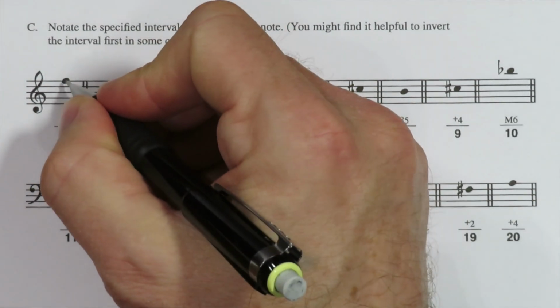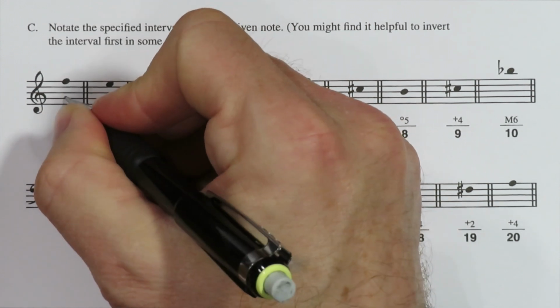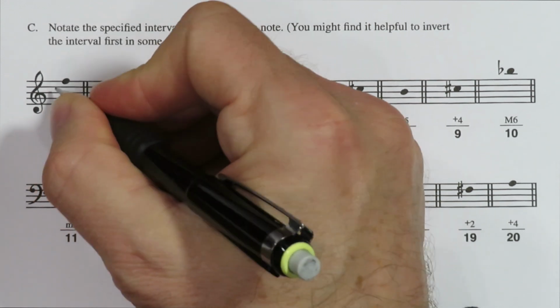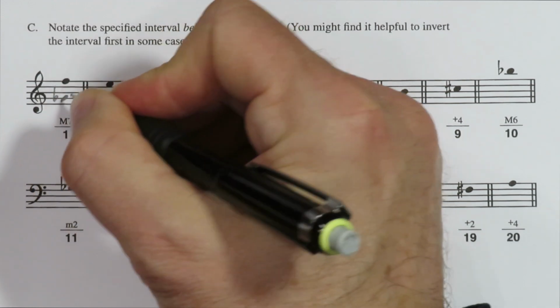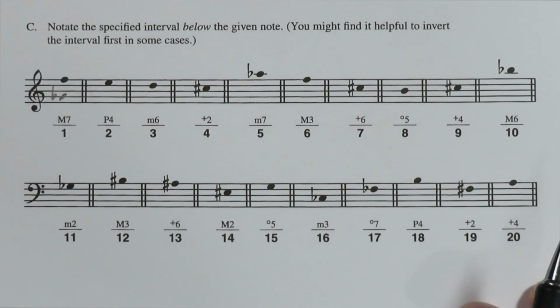So a minor second above F would be G flat. And G flat to F is a major seventh, right?